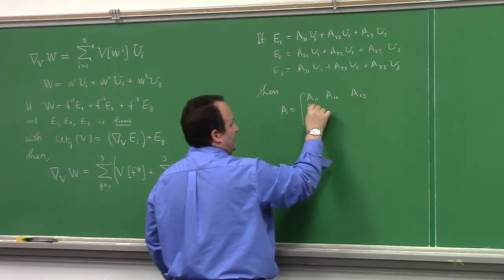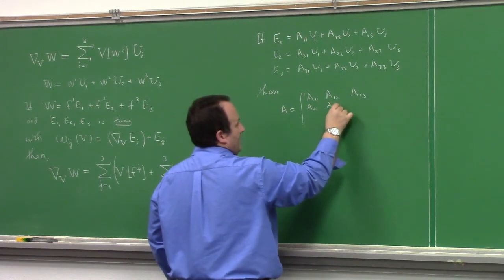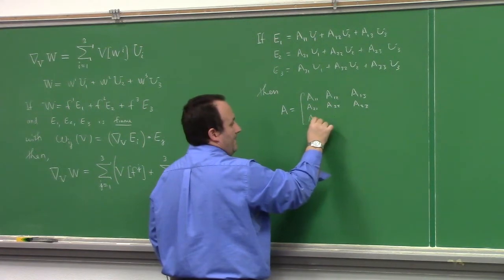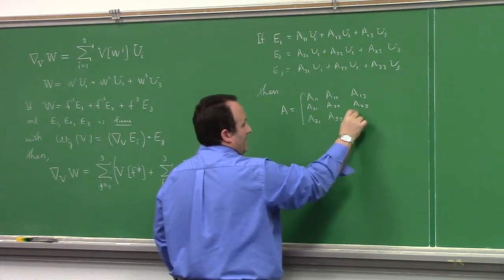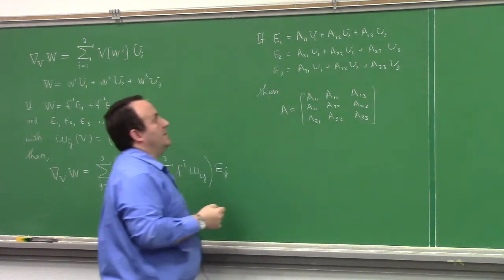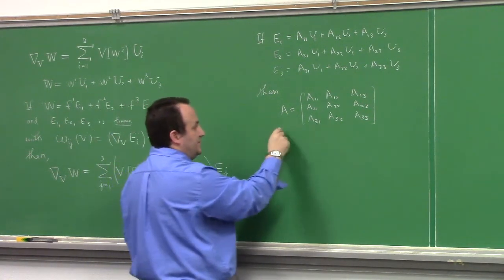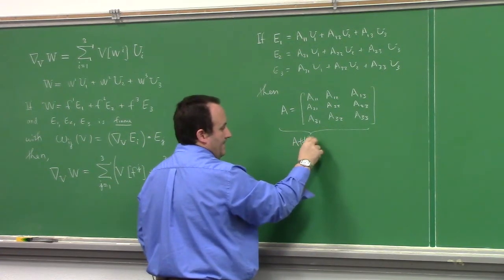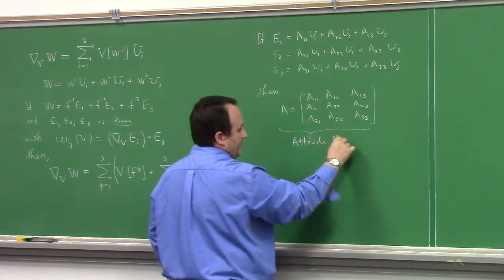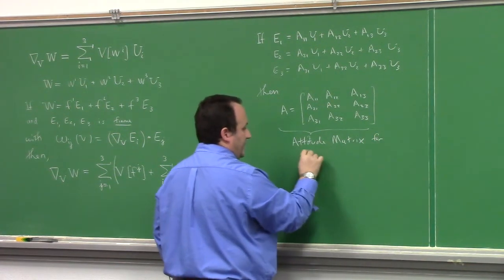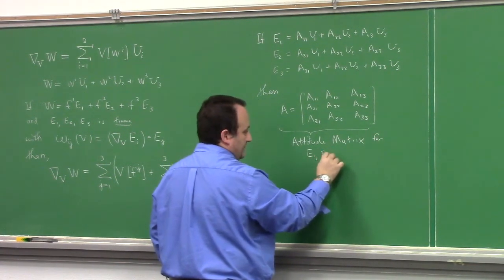What is this matrix called for the frame? This is the so-called attitude matrix, for the frame E1, E2, E3.